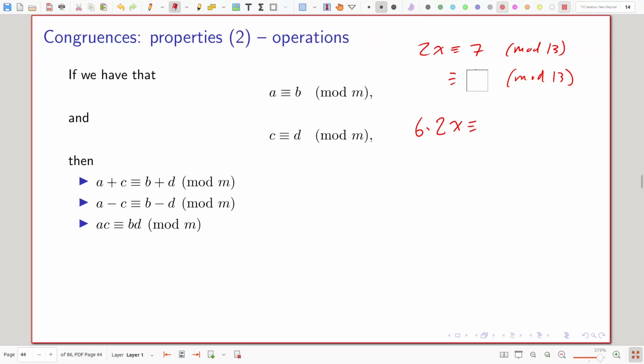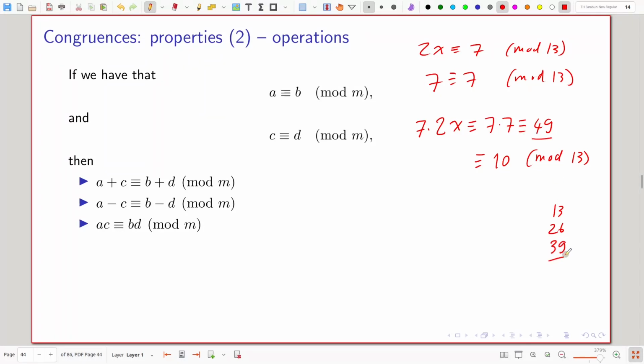Sorry, 7 equals 7, right? So if I multiply the whole thing with 7, 7 times 7 is going to be 49, and that's going to be 10 mod 13 because 13, 26, 39, right? If you do it one more time, it will be larger than 49. So the remainder is 10.